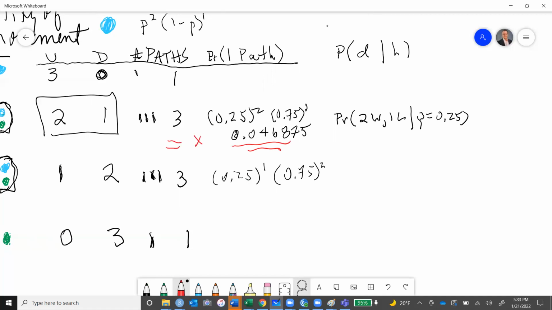There's 3 of them. There's 3 separate paths, each with their 4.68% probability. So this probability has to be equal to, there's 3 of them, just multiply 3 times 0.046875, and we should get 0.14, approximately 14%. The probability of data given hypothesis.